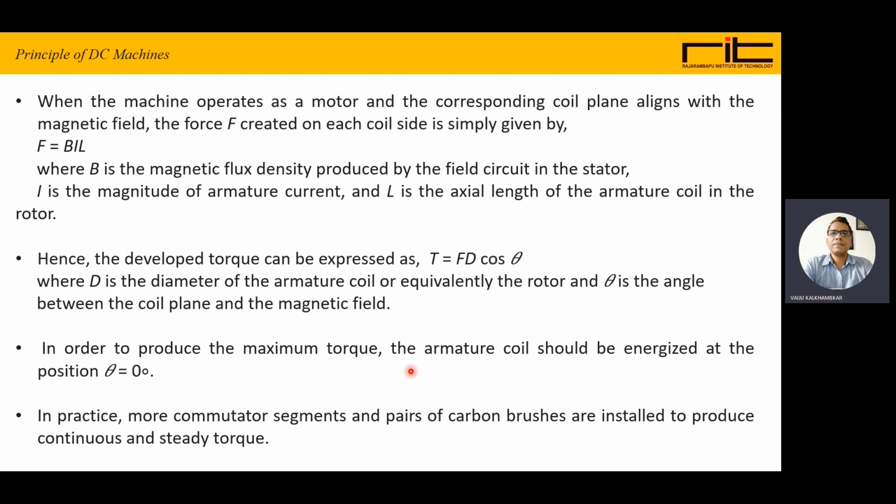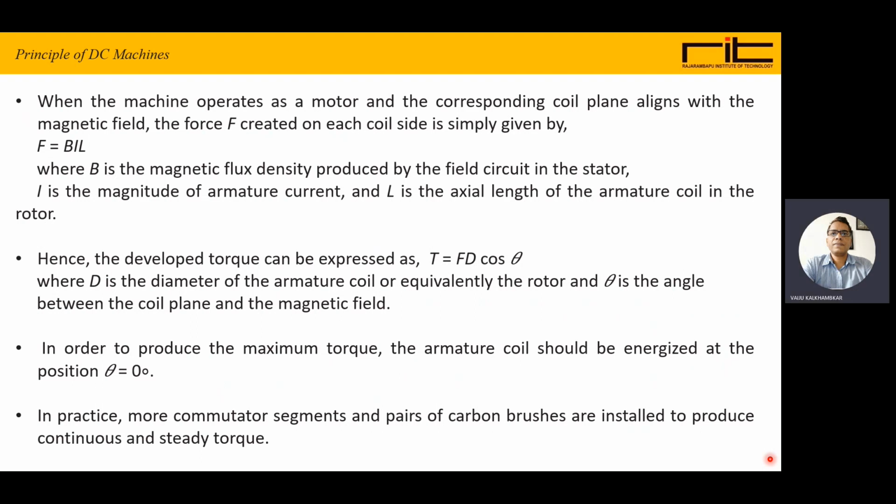The developed torque can be expressed as T = F × D × cos θ, where D is the diameter of the armature coil or equivalently the rotor, and θ is the angle between the coil plane and the magnetic field.